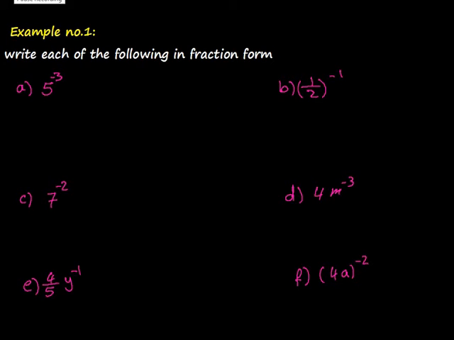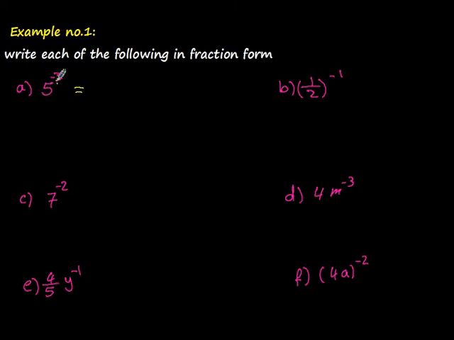So let's start with the first question. Here we are required to write each of the following in fraction form. So guys, you need to get rid of the negative sign of the power and rewrite this in a fraction form. So first question, we are given 5 to the power of -3.